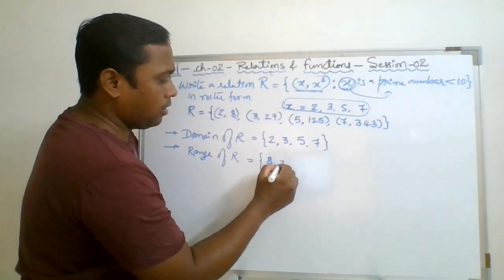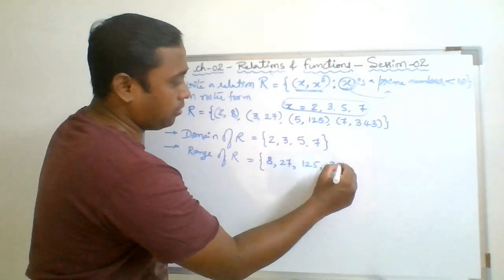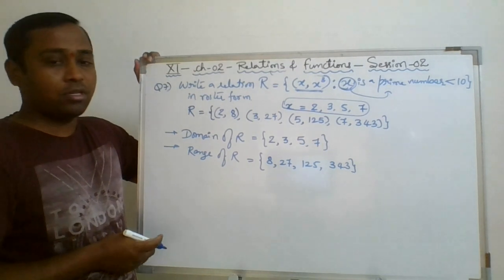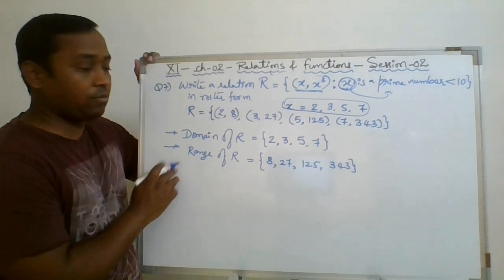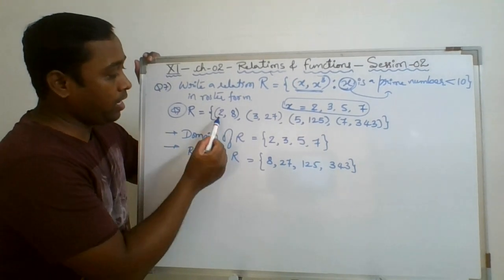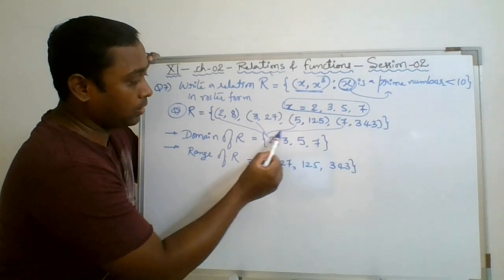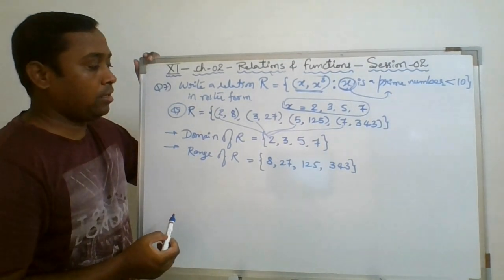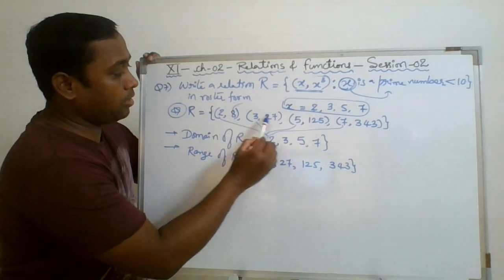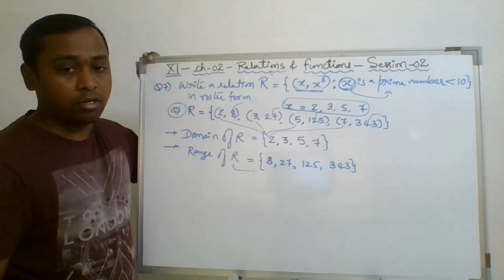And what is the second element from each ordered pair? 8, 27, 125, 343. So now it is so simple to say the domain and range from the roster form of the relation simply by picking the first elements, which will give the domain, and the second elements 8, 27, 125, 343 will give the range.